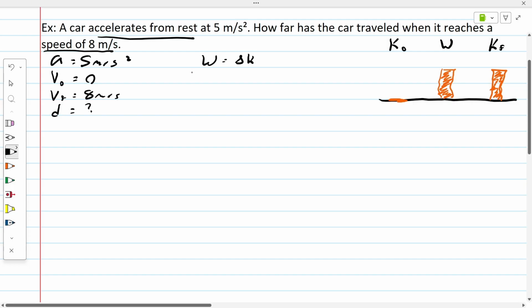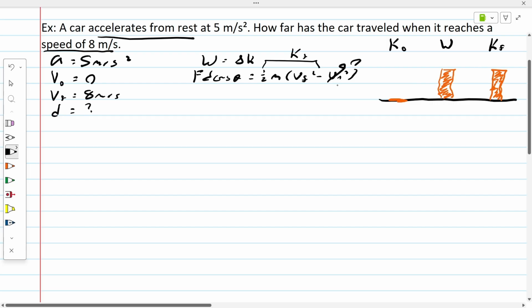But when we write it out, we'll have the force times distance cosine of theta equals 1/2 m (vf squared minus v0 squared). But this v0 goes to 0, so this component right here is just the final kinetic energy. So we could use this graph just to immediately go to work equals K final.